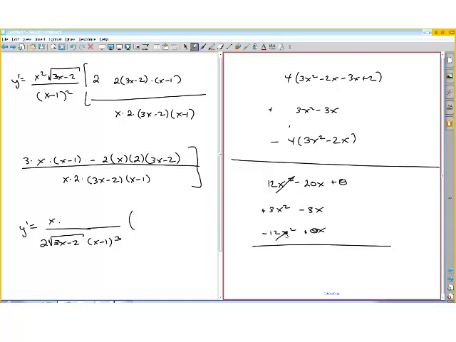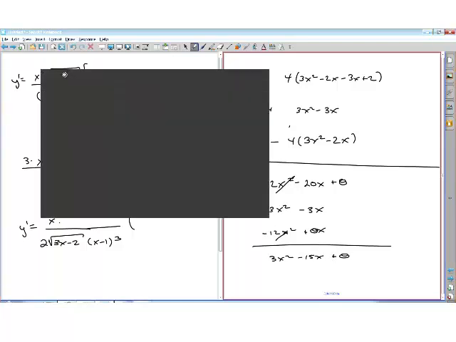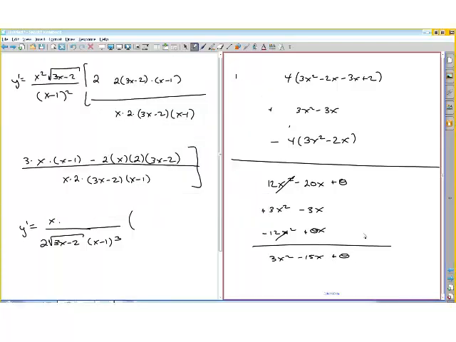So then we do all these together. These cancel out. So we end up with 3x squared, negative 15x, plus 8. Okay, and then we multiply it by x. Well, let me just put this in here.